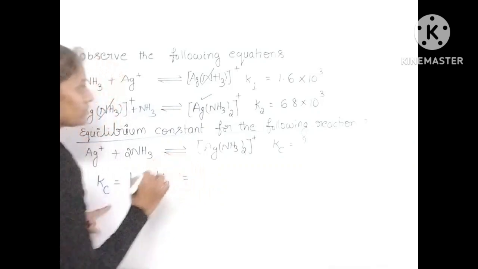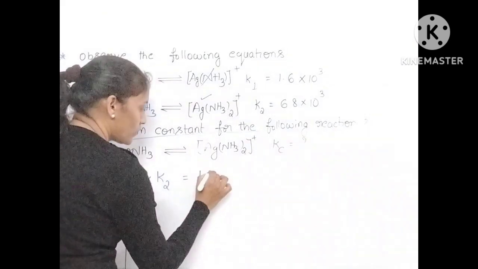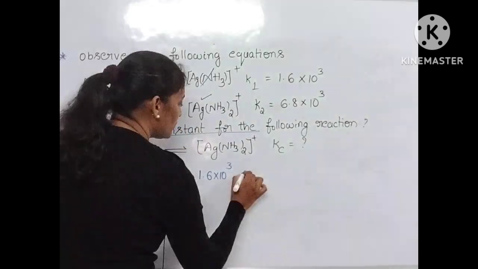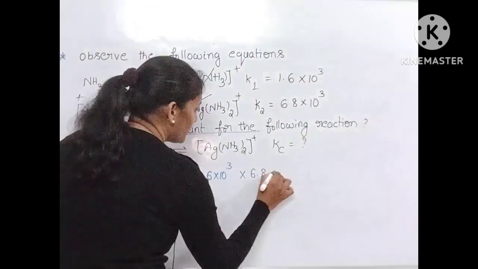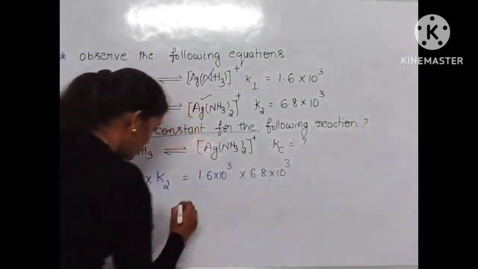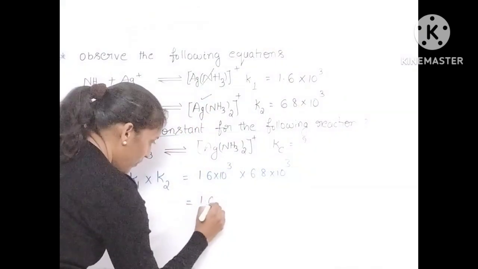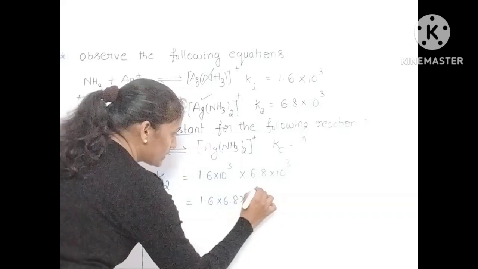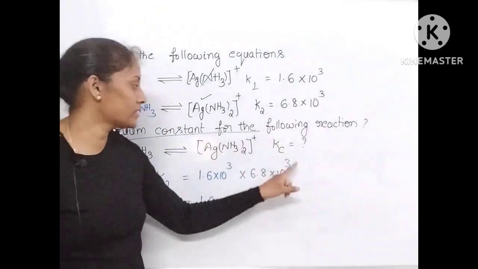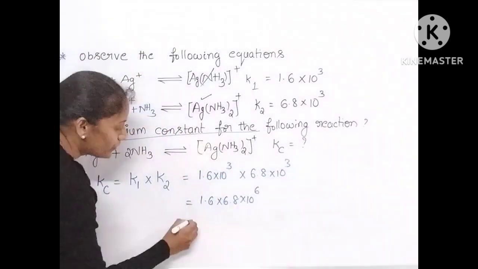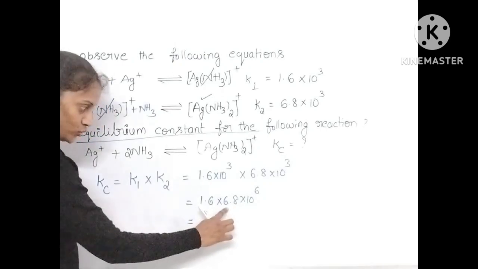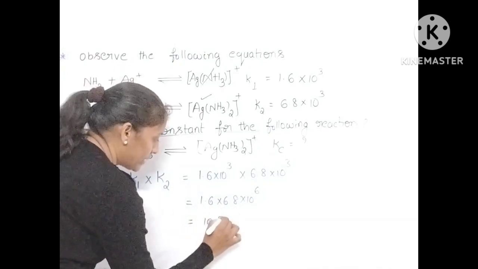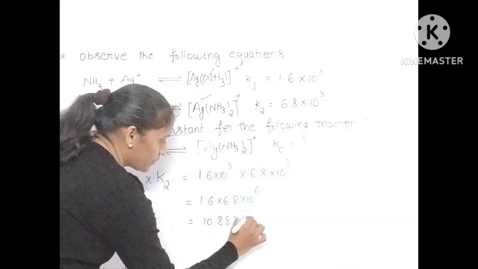What is the K1 value? K1 value is 1.6 into 10 power 3 and K2 value is 6.8 into 10 power 3. So you can take 1.6 into 6.8 into 10 power 6, like this, 3 plus 3. If you multiply 1.6 into 6.8, then you will get 10.88 into 10 power 6.